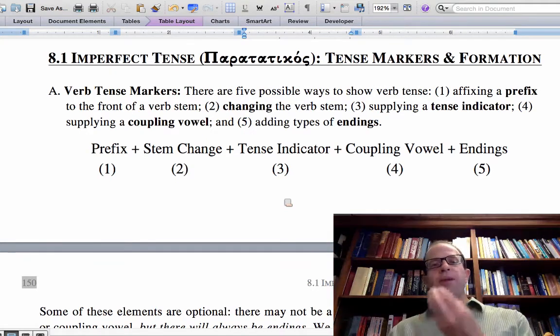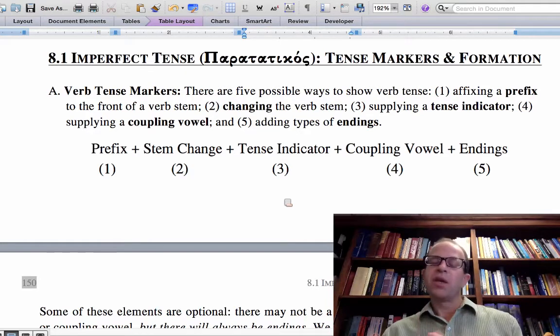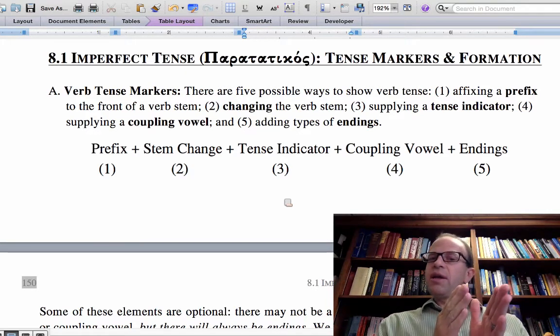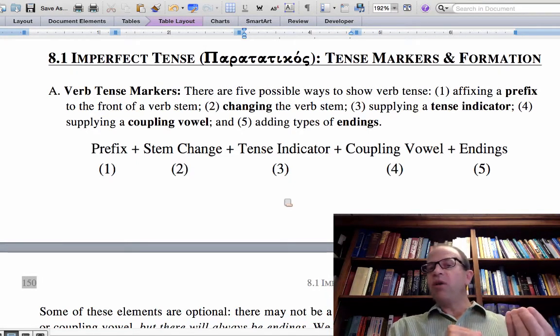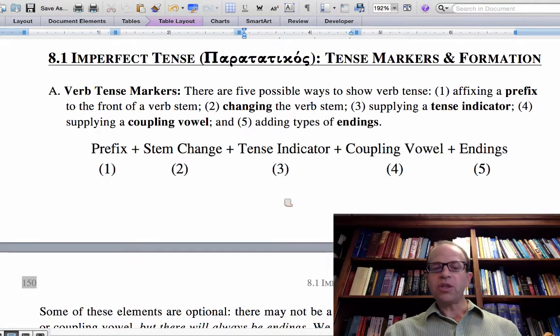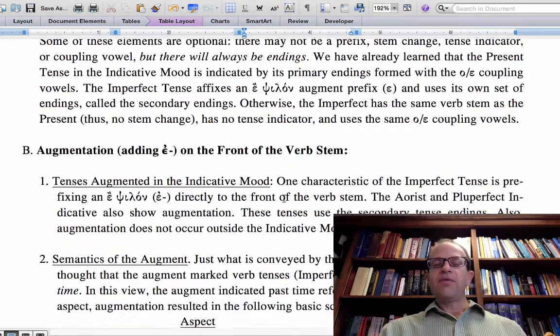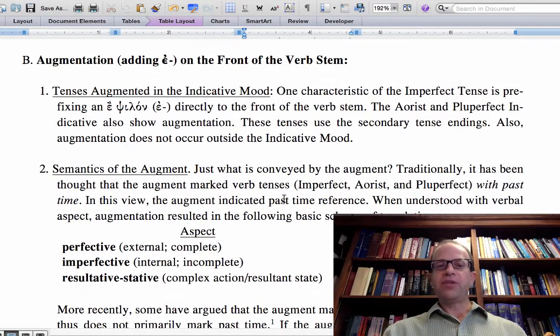The stem may also change slightly or sometimes greatly, and that can indicate tense. You can have a tense indicator, a special consonant, and then you have a coupling vowel, and then you have a set of endings. So let's look at the formation of the imperfect tense.